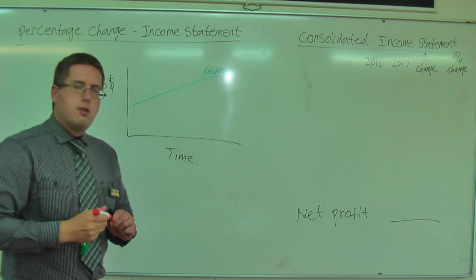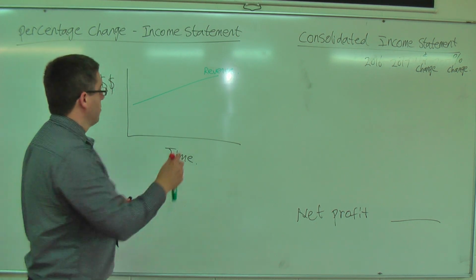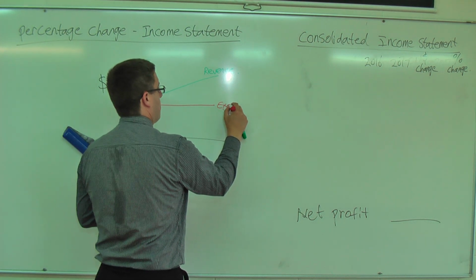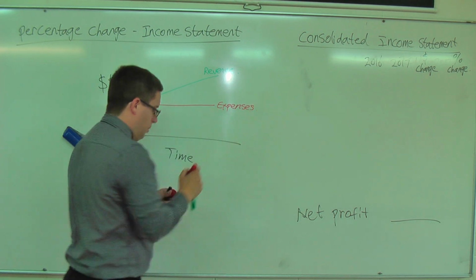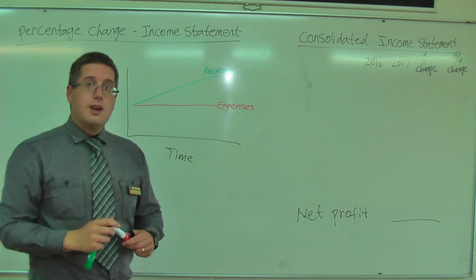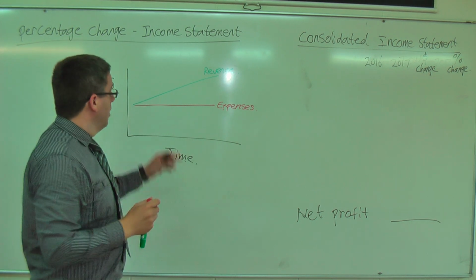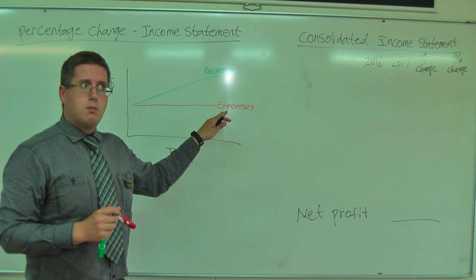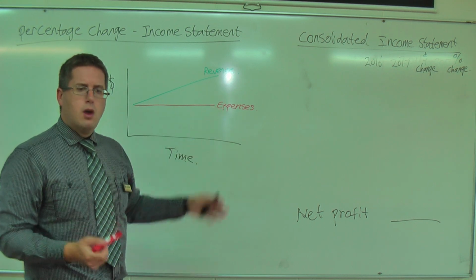Sometimes expenses can do something different. Sometimes expenses might stay the same. So revenue is going up over time, and expenses are staying the same. How is this occurring?